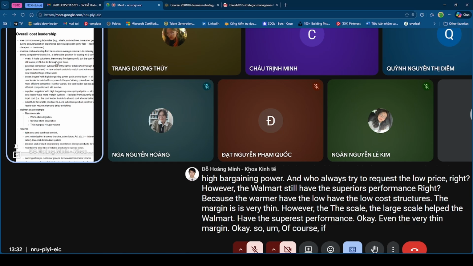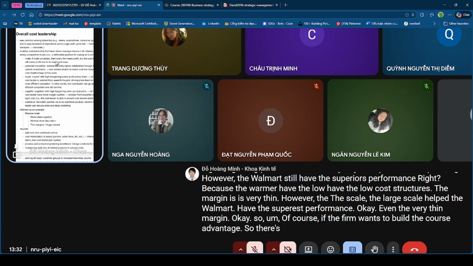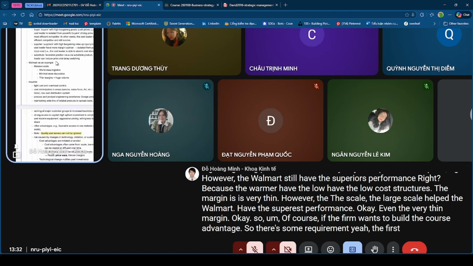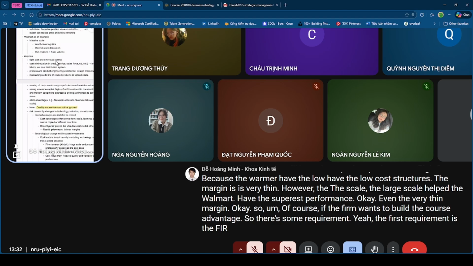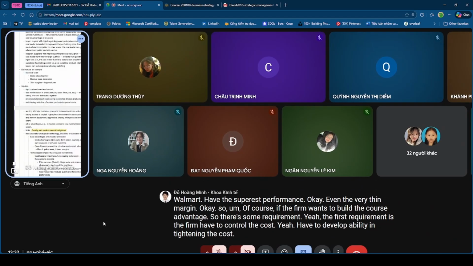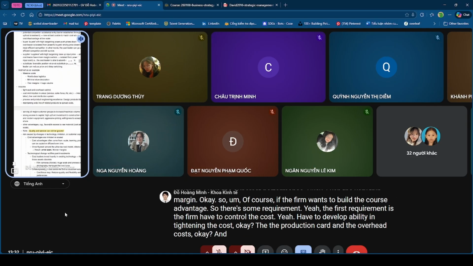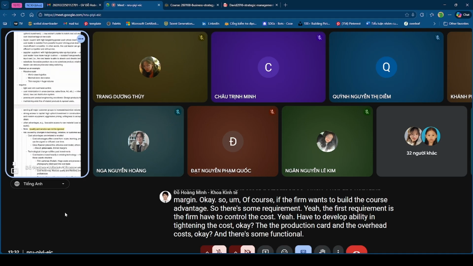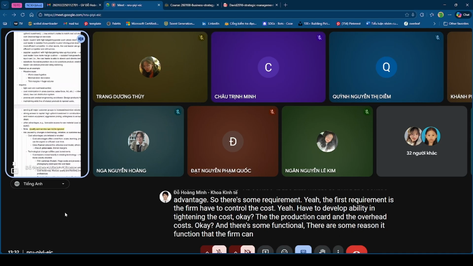Of course, if the firm wants to build the cost advantage, there are some requirements. The first requirement is that the firm has to control the cost. Okay? Have to develop the ability in tightening the cost. Okay? The production cost and the overhead costs. And there are some business functions where the firm can reduce the cost.